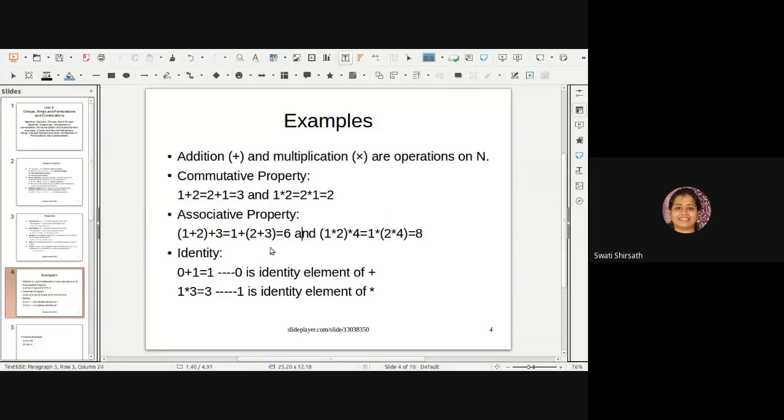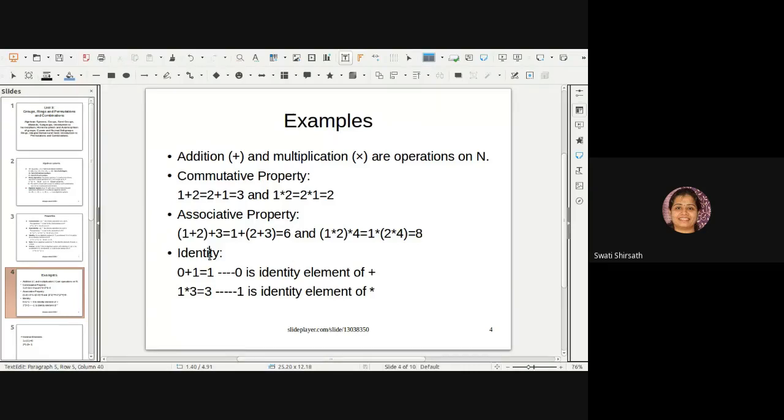Now for associative, again I have picked any three elements and performed the operation. This is the associativity of addition, and it gives me the same answer irrespective of the placement of the brackets. The same is proved for multiplication: 1 into 2 into 4 is equal to 1 into 2 into 4, which is nothing but 8.